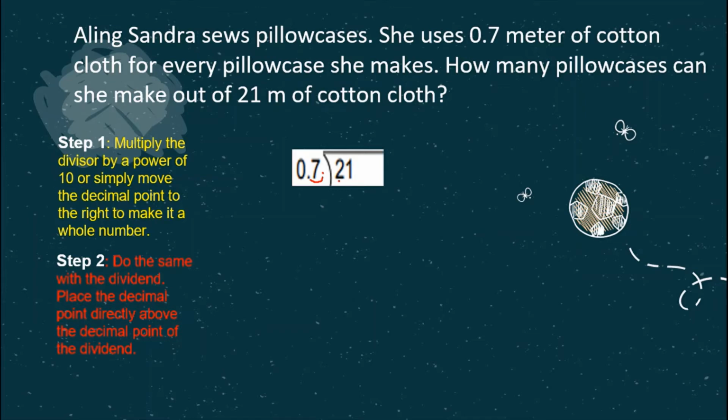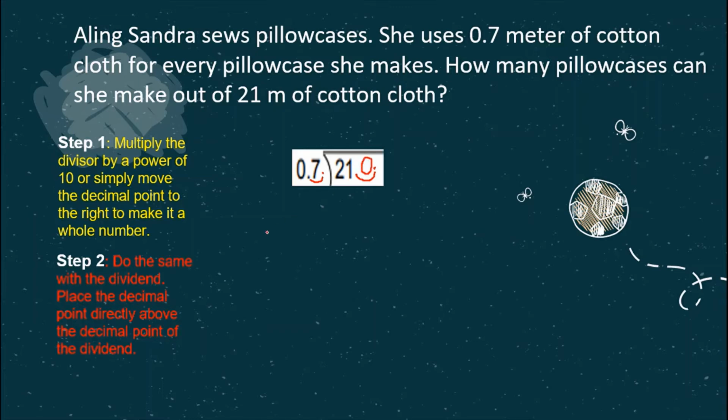Since 21 is a whole number, the decimal point of 21 is just right here. So let's now move the decimal point 1 place to the right. Here now is the position of our decimal point, so just affix 0.